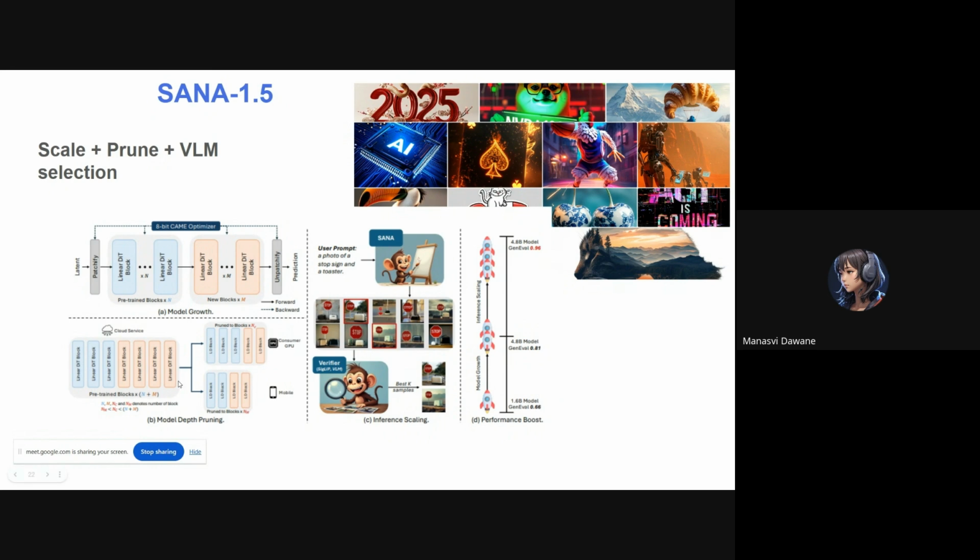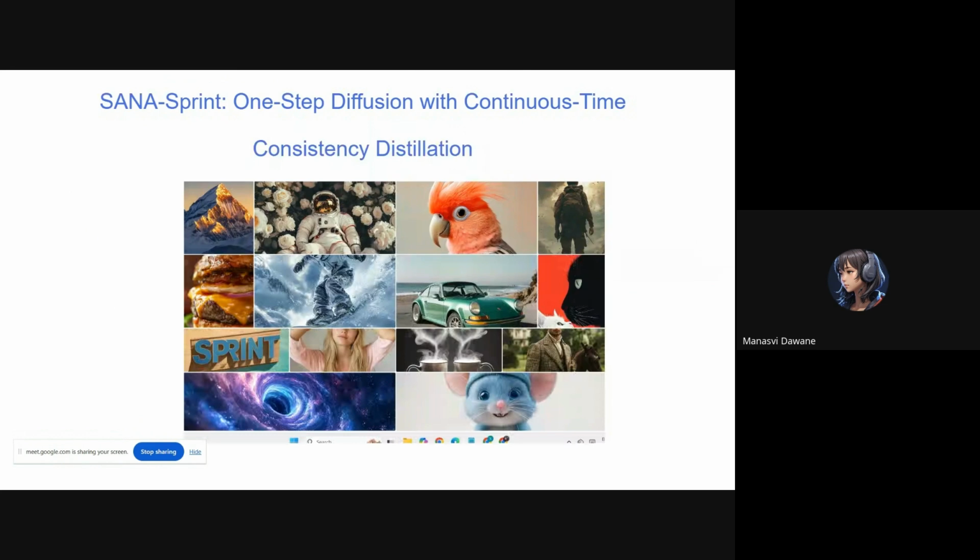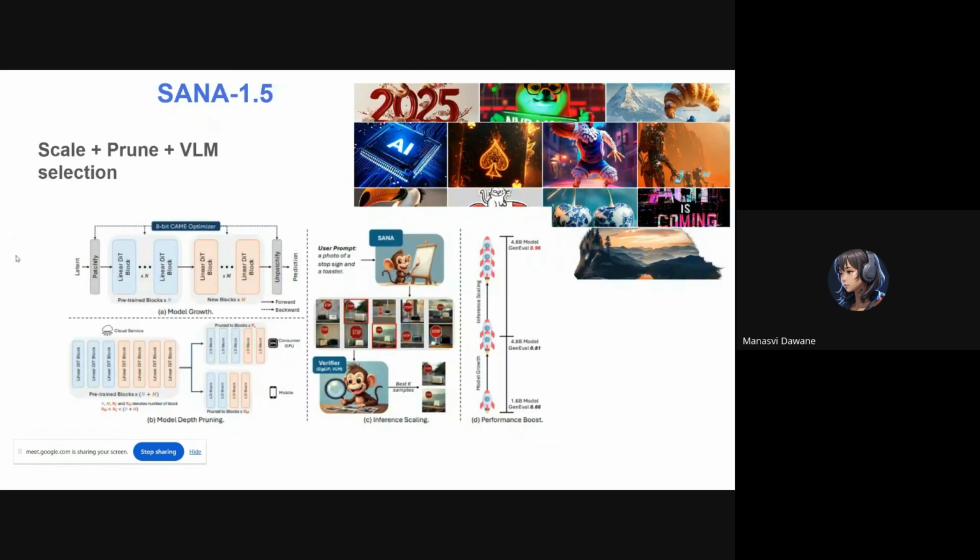So first is efficiency training, that is the model growth. From the main Sana, 18 layers are taken, then one more layer is added, and that's how the first model is trained.